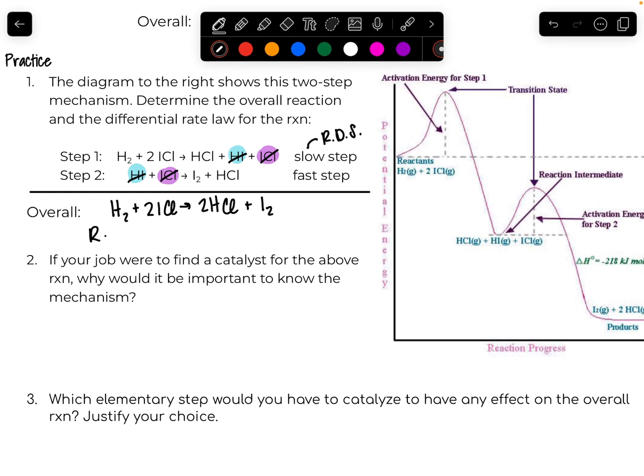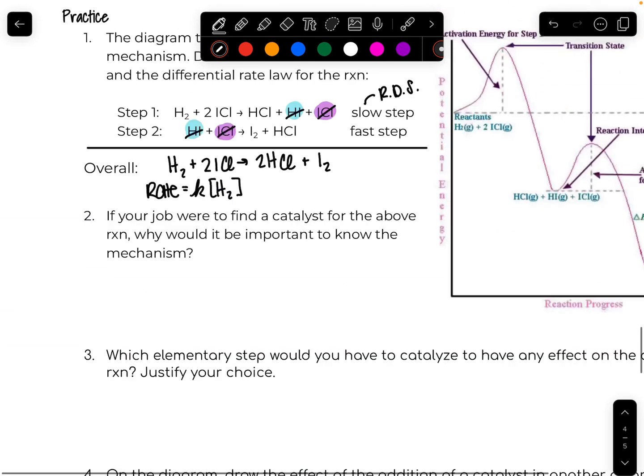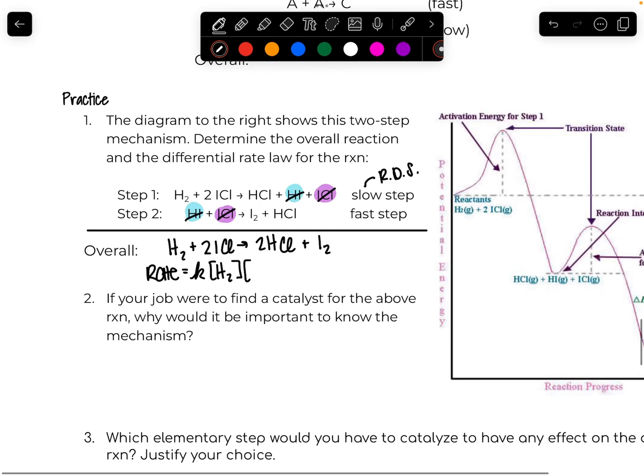So if I write that out, the rate would be equal to rate constant k times the concentration of hydrogen, times the concentration of ICl, but this has a stoichiometric coefficient of 2, which means that I have to square it in my rate law there. So this is my overall rate law for this reaction, because we can write it based off of our rate determining step's rate law.